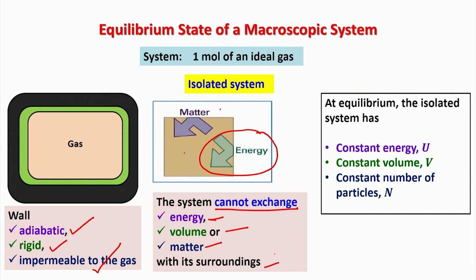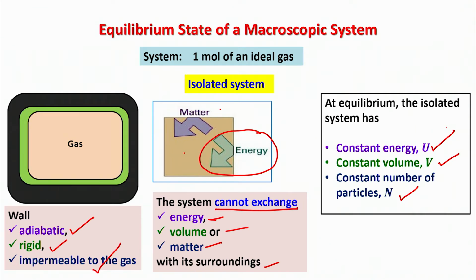If I leave this cylinder on the table in the laboratory, will you see any change, any gas coming out? The answer is no. All the gas molecules will still be there inside the cylinder. Therefore, I would say that when I have prepared an isolated system, the system has a constant value of volume, a constant number of constituent particles, and in addition, it has a constant value of energy.